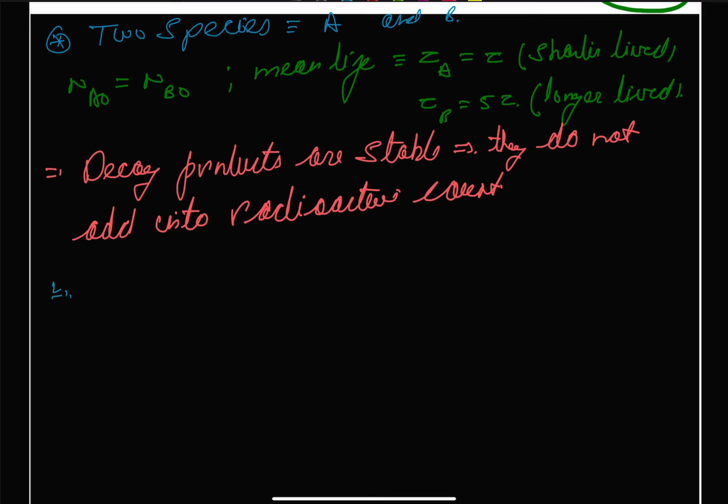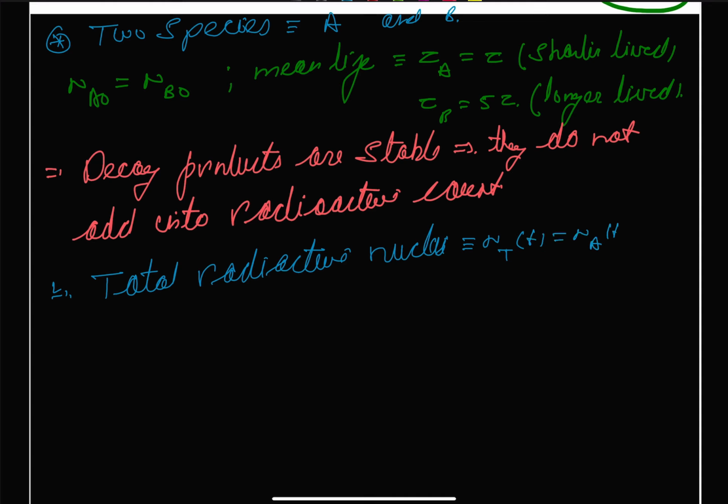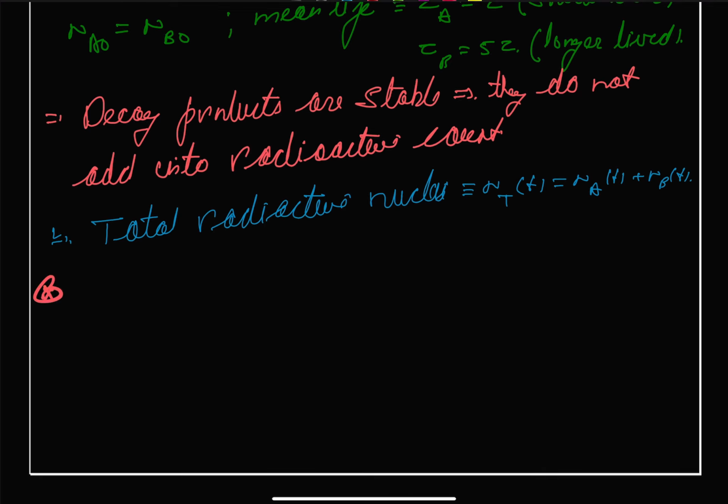So you can say total radioactive nuclei, and let us suppose we call this as N total with respect to time t will be equal to that for sample A plus for species B. And according to radioactive law, the decay law, it states that for a time t it will be equal to n naught e raised to power minus t upon tau.